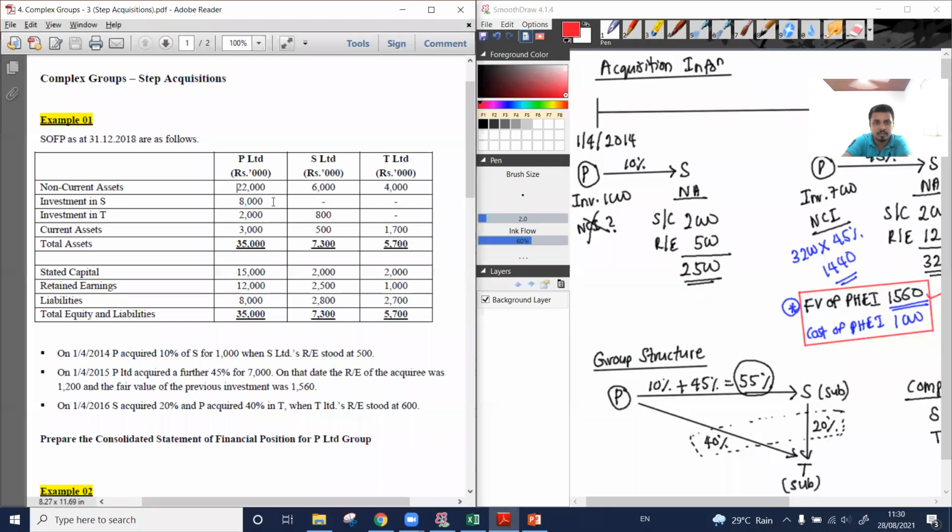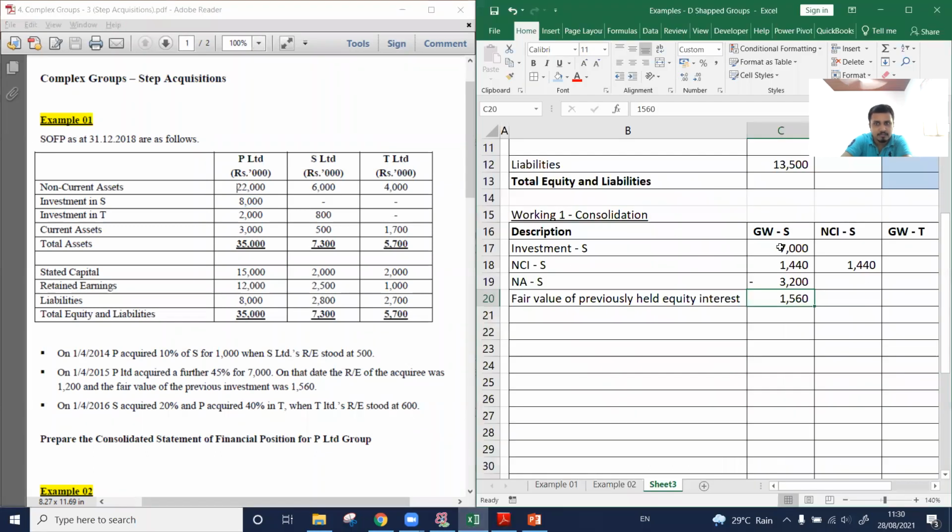Then we have credited 7,000 of this, and debited that 7,000 to the cost of control account.